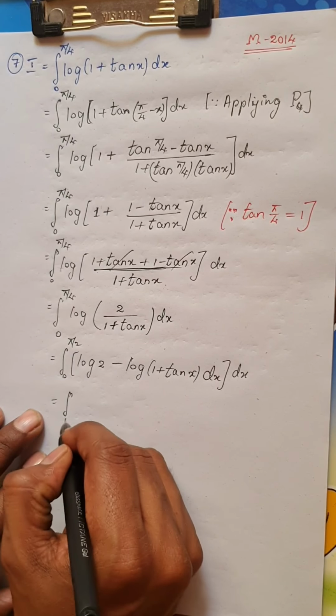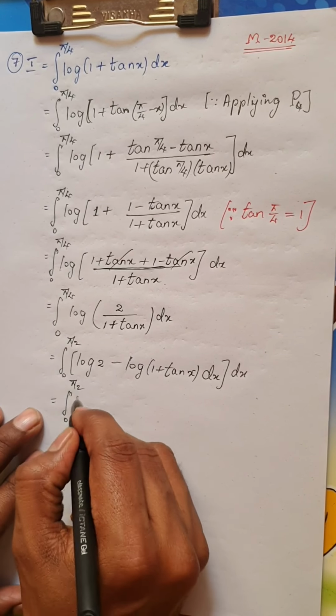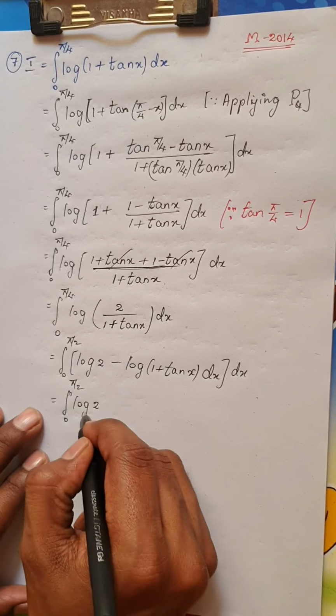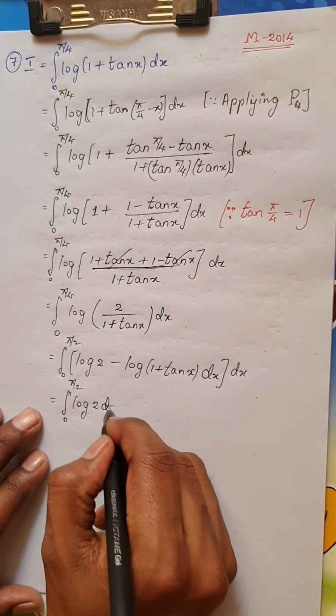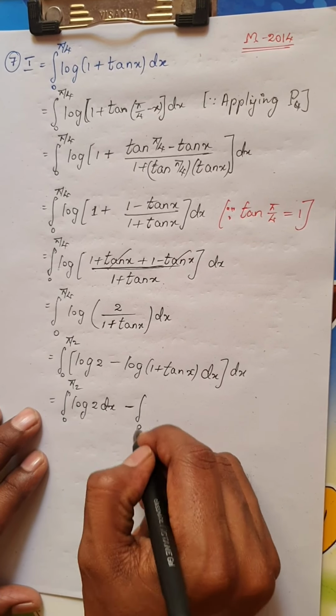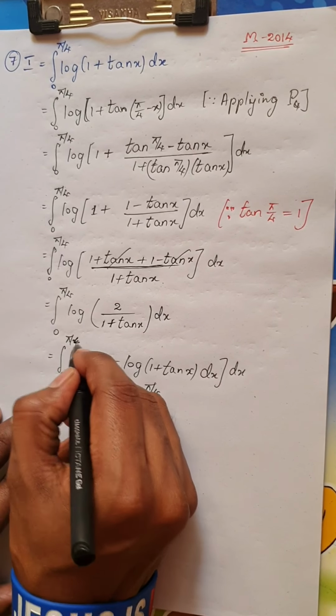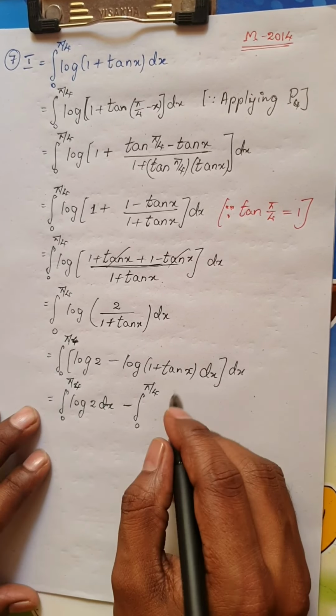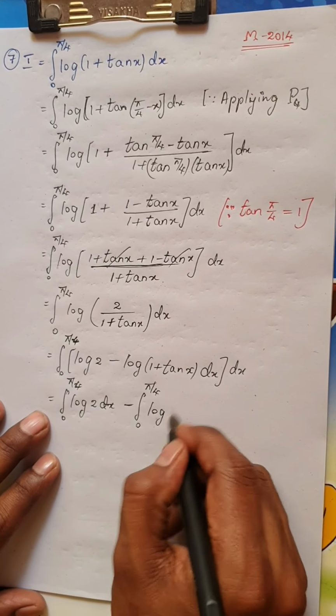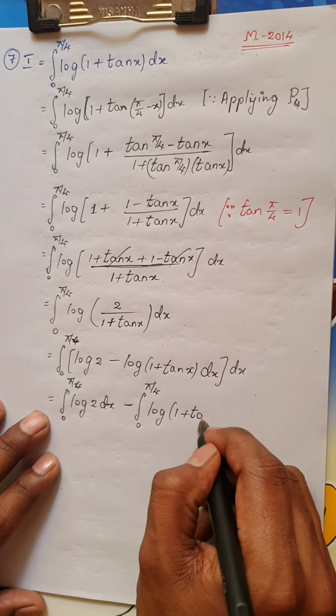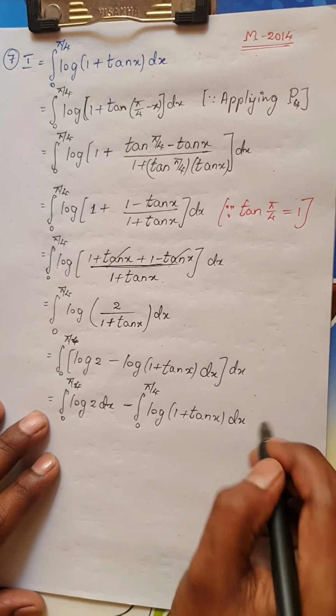This is nothing but integral 0 to pi by 2 log 2 dx minus integral 0 to pi by, I am very sorry, it is pi by 4. So it is pi by 4, it is log of 1 plus tan x dx.